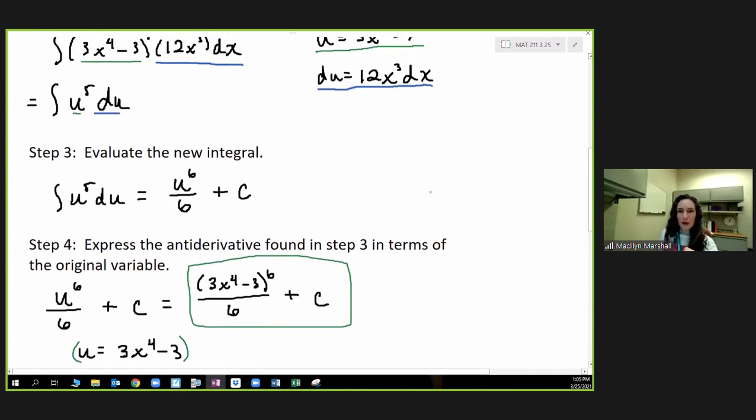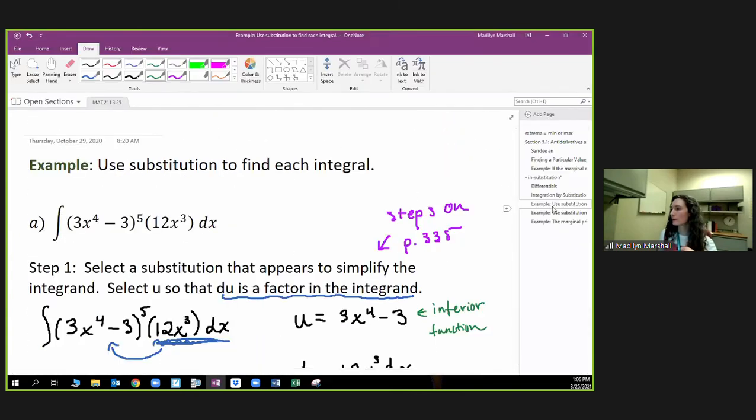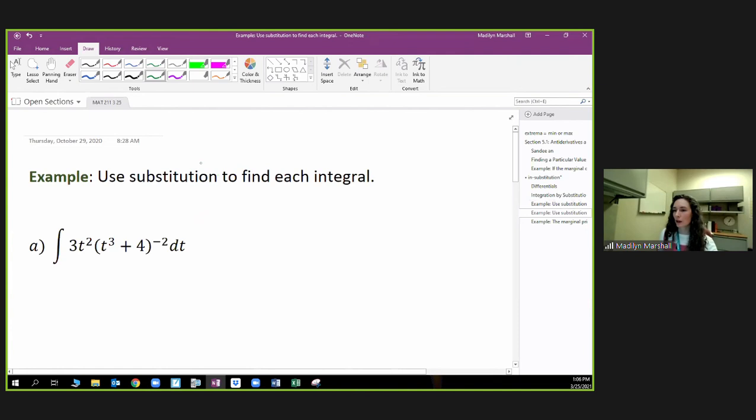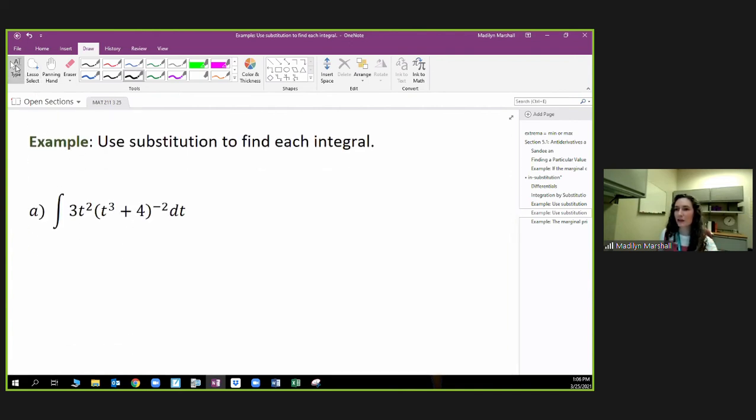Let's do one more example. So I don't have the rule or the steps written down here, but we can just verbally talk through them.